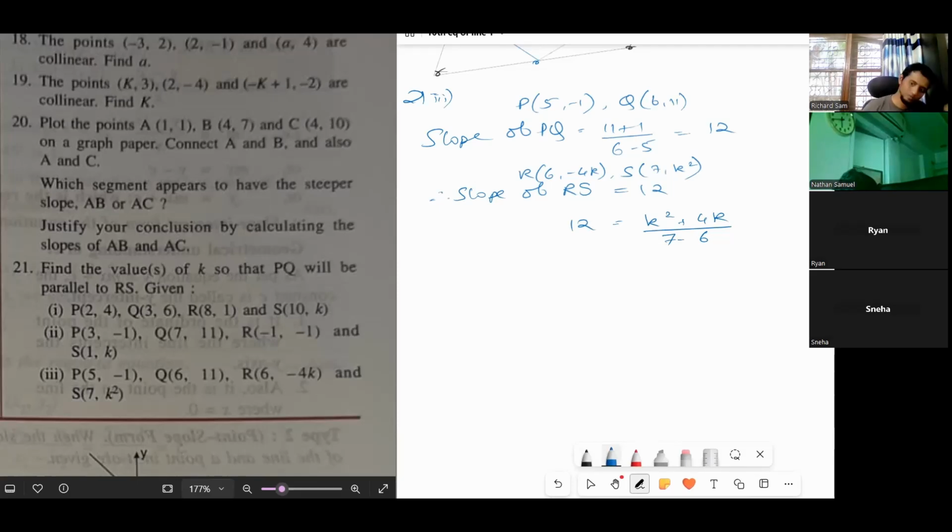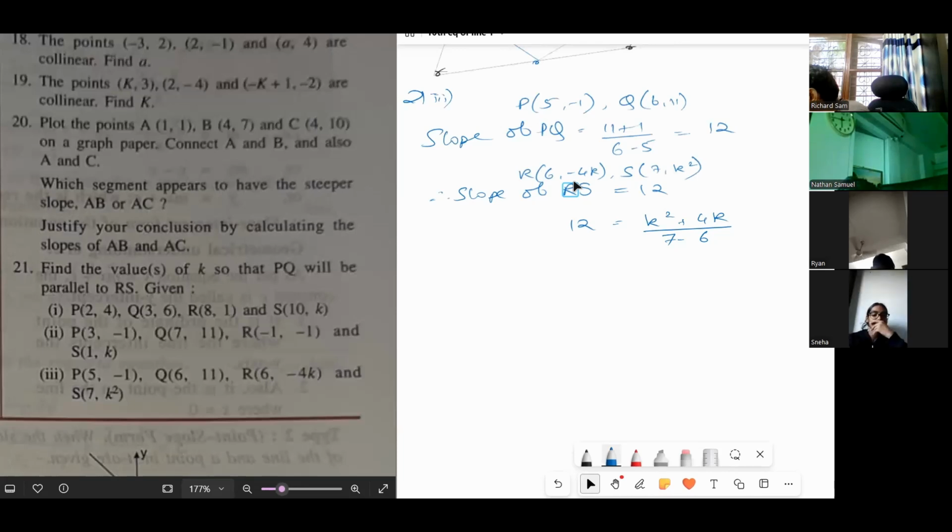Actually, even though you did good, what's the slope of PQ? 11 minus 1, 6 minus 12. What is 11 minus 1? Minus will become plus. You're getting confused between the minus signs.